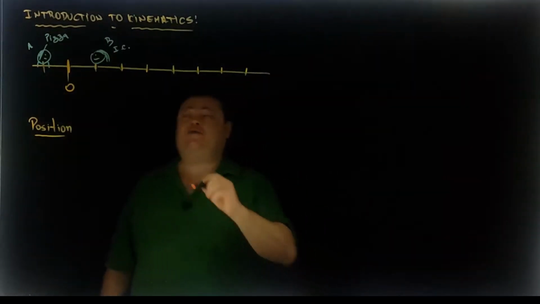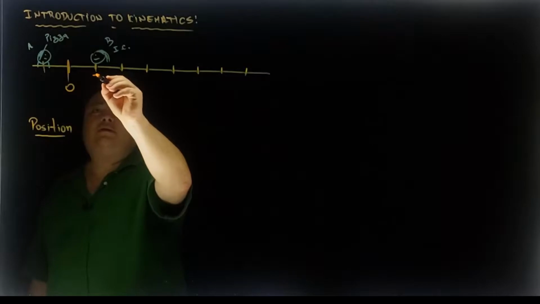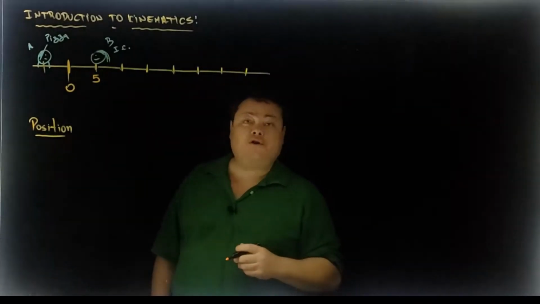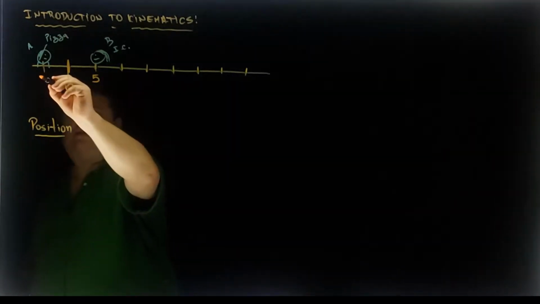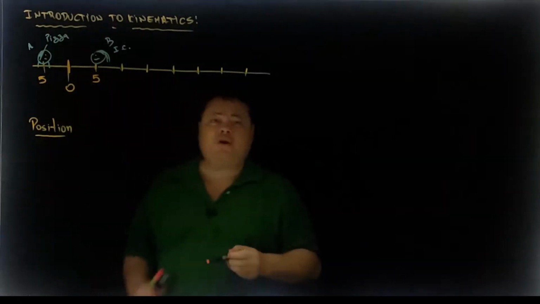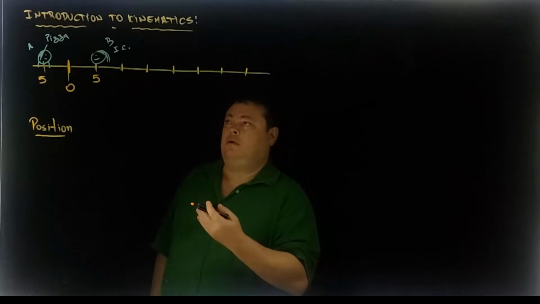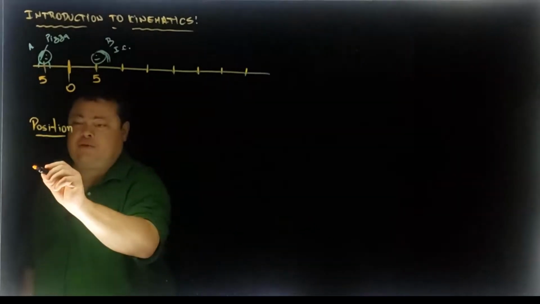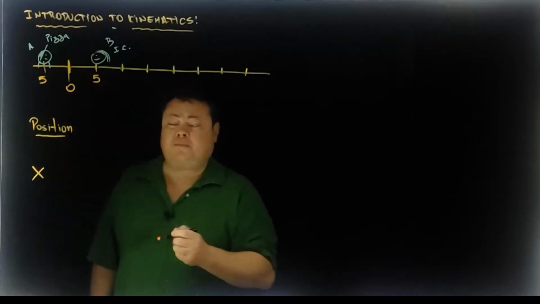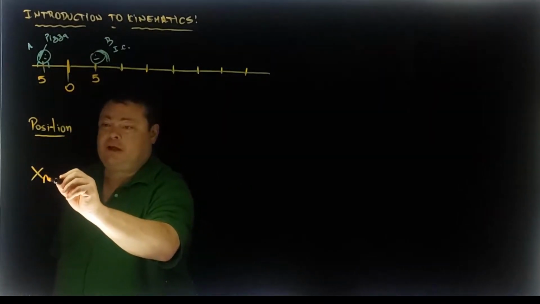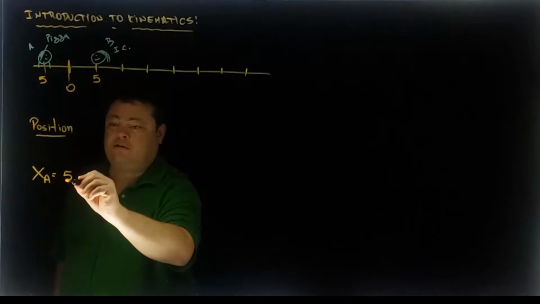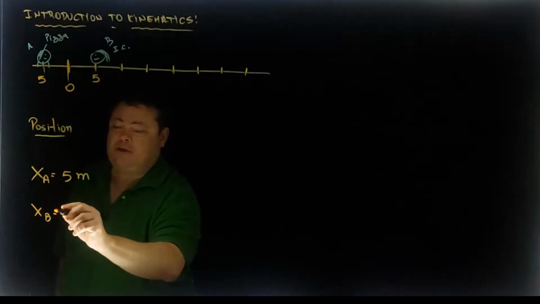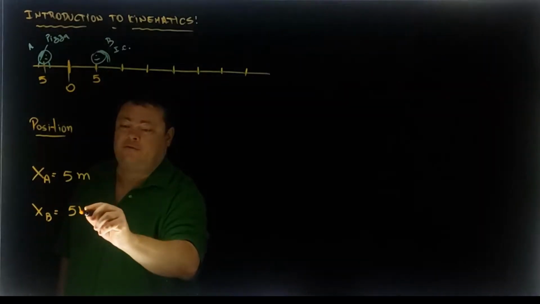Now let's say that the ice cream place is 5 meters away from the origin, and the pizza place is also 5 meters away from the origin. With these values, we would say that his position, and we often represent position by x, his position, x index A, is 5 meters, and her position, x index B, is 5 meters.